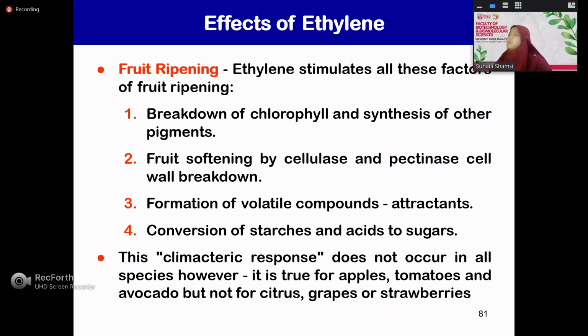So we only pluck the ripened grapes because there's no point in plucking non-ripened grapes because they won't ripen when you harvest them. It's not like jackfruit or mangoes, which can still ripen when you harvest them. So that's the difference between climacteric fruits and non-climacteric fruits.